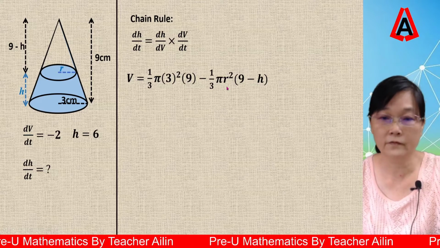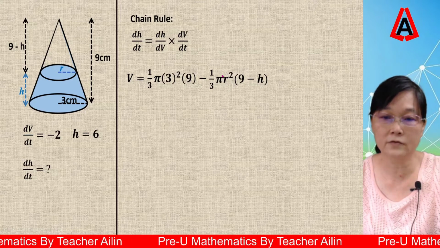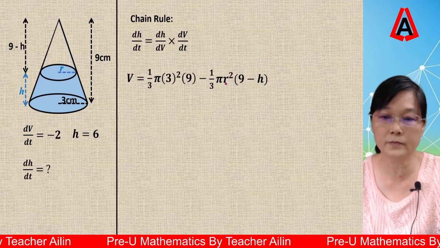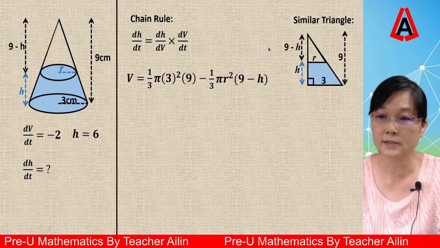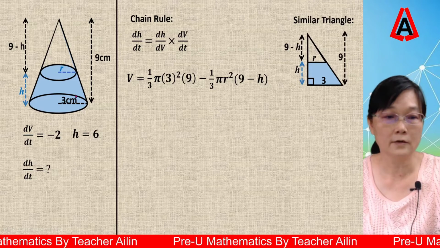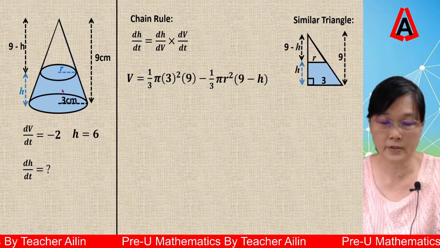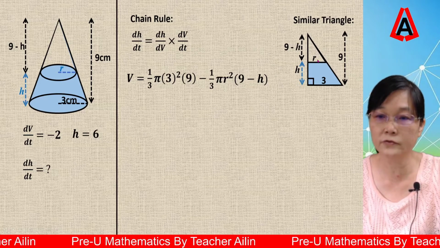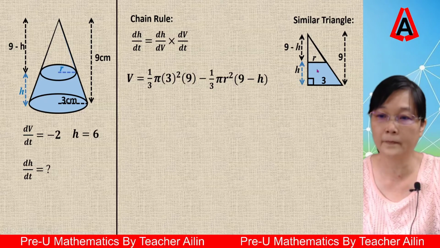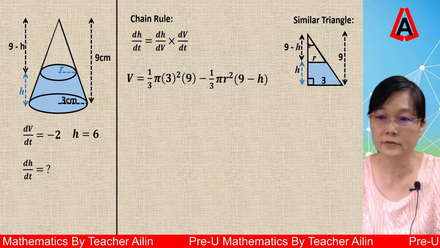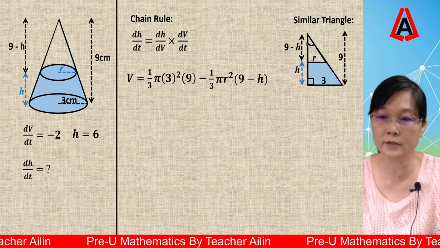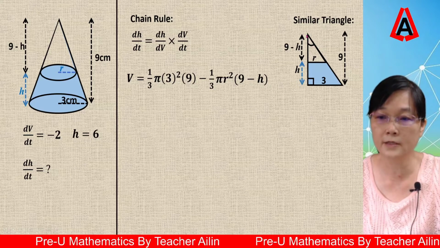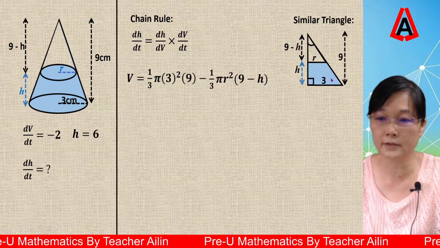Before we proceed, we need to change r in terms of h. Same thing, I'm going to use similar triangles. First I convert the 3-dimensional diagram into a 2-dimensional diagram, and I use this common angle to compare the small triangle and the big triangle.